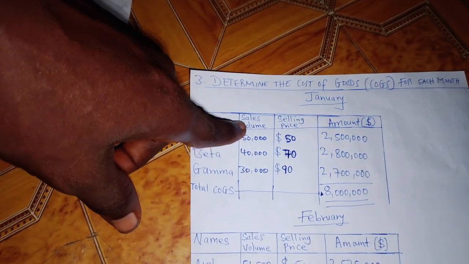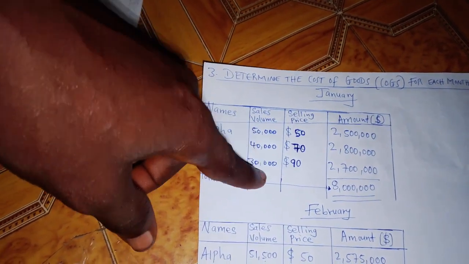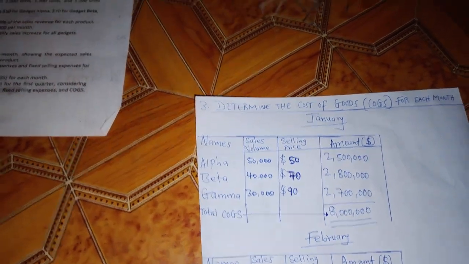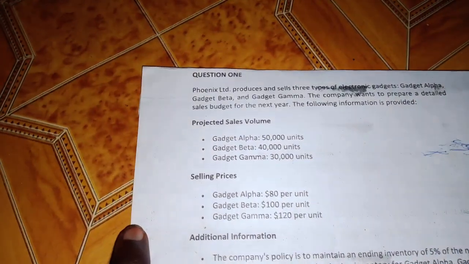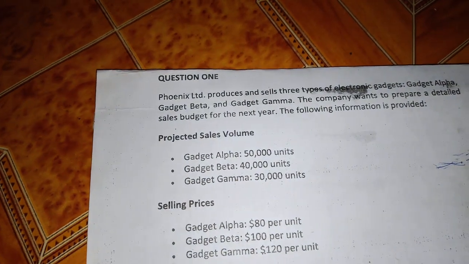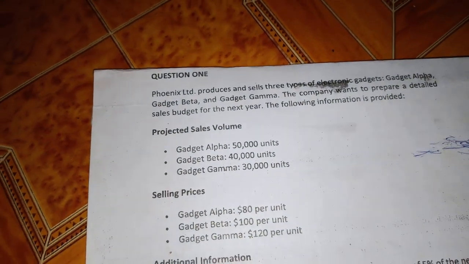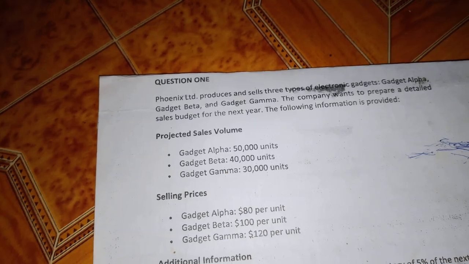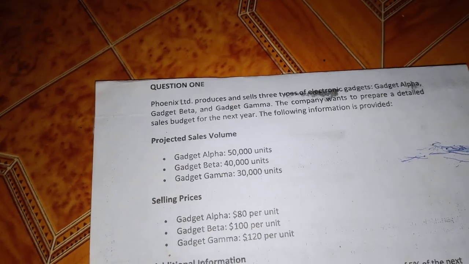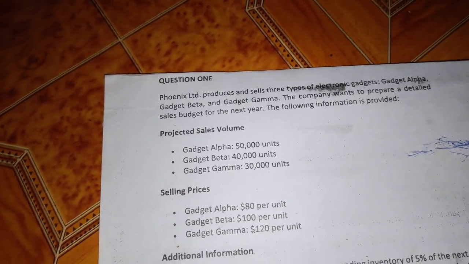Why are we using this sales volume? It's because for January, we use the sales volume that is provided in the question. But for the following months, we use the sales volume based on the increase of 3% given to us.